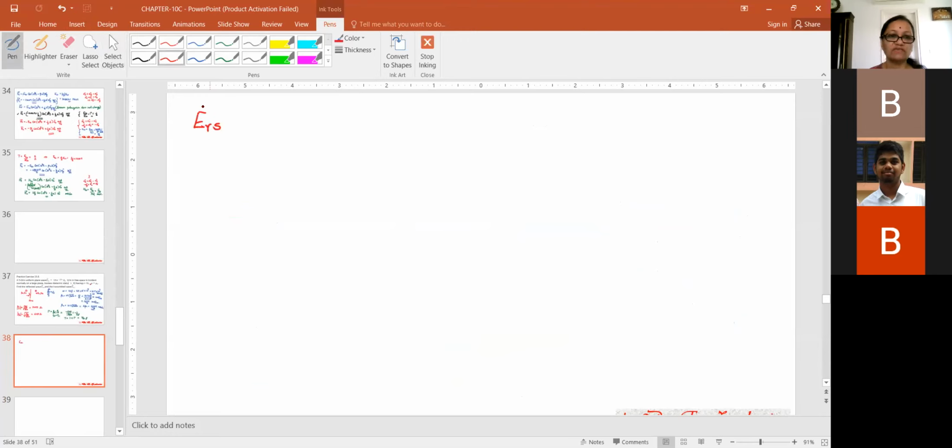So ERS is going to be equal to ER naught e to the power of plus j beta 1 z, and the direction is going to be ax cap because polarization is not changed.